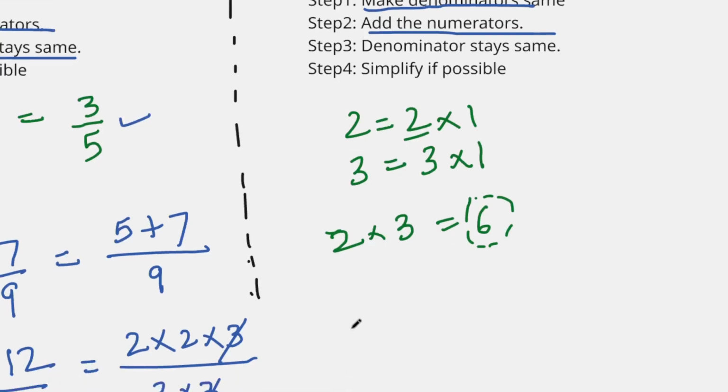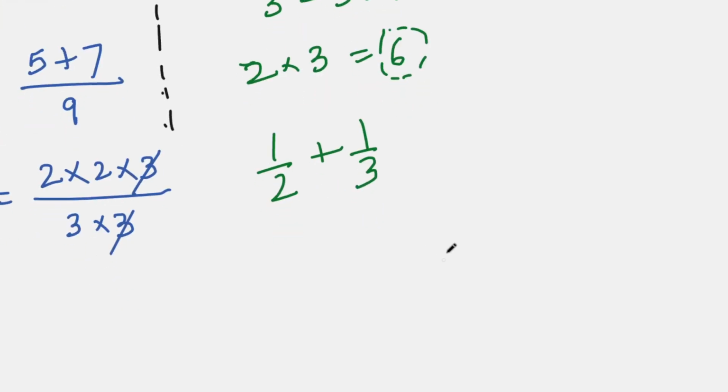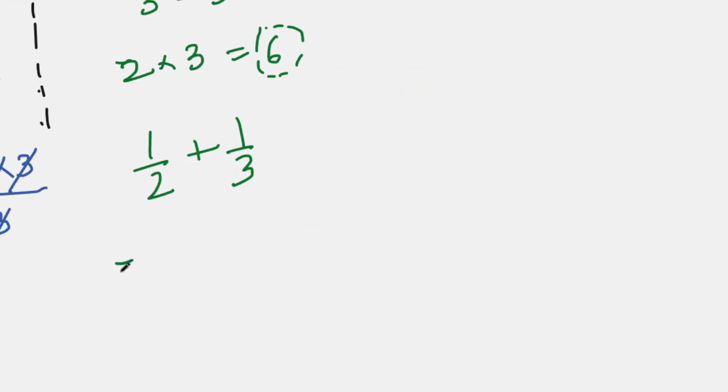Clear? Now, let's write the fractions again. 1 by 2 plus 1 by 3. And we need to make the denominator 6. Now see, 2 times 3 is 6, so 2 needs to be multiplied by 3. And what we do, we multiply and divide by the same number.